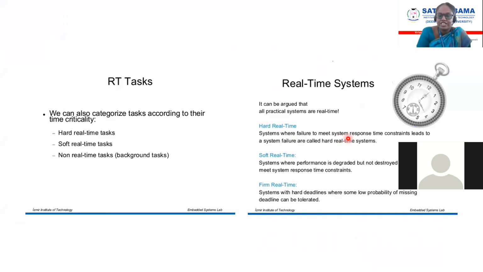That means a system that fails to meet response time constraints, leading to system failure, is called a hard real time system. I told you, if the airbag has not opened correctly, or my target is not attained by this particular missile, automatically my system is a failure. Even if I have created my system with a precise time, if it doesn't achieve it, automatically it is a failure system.